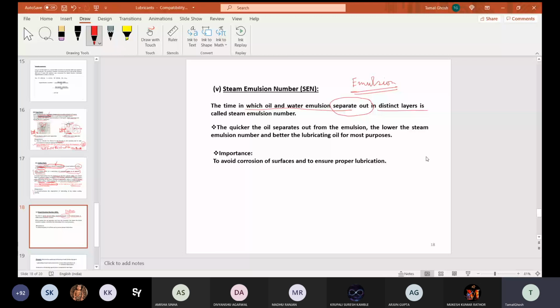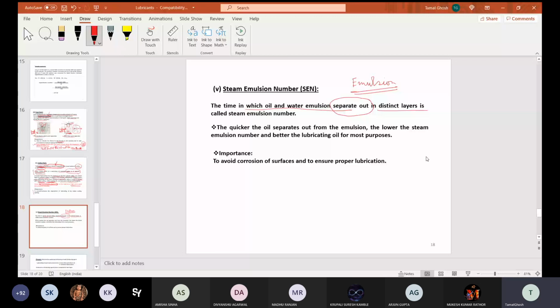In many situations steam may come in contact with the oil and get condensed to liquid water. That condensed water and your oil will produce an emulsion. The emulsion should be quickly broken down into distinct layers.